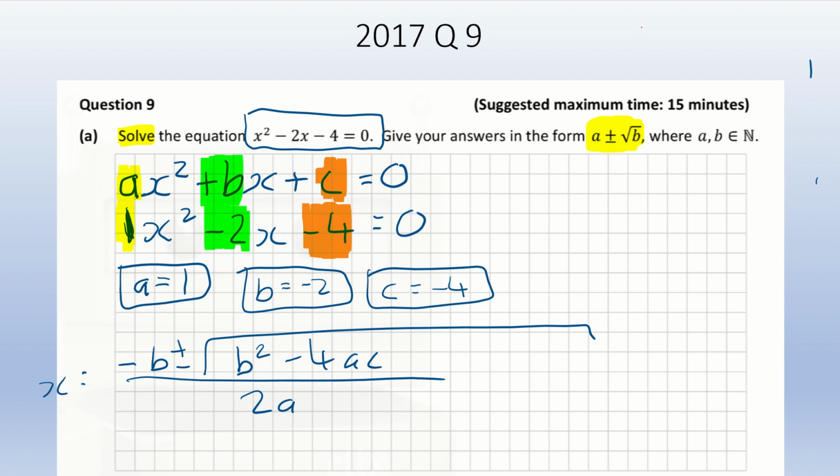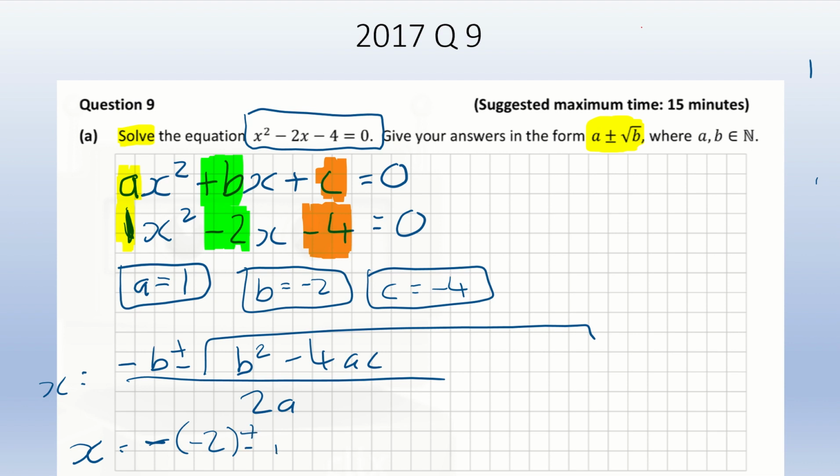Okay, so I'm going to have x is equal to minus b. Now the first minus here is part of the formula, and my b is minus 2. So seeing as I have a minus and a minus coming together, I'm just going to protect those with brackets, and when I start tidying that up, I'll address that. So the first minus here was from the formula. That minus 2 is the b.